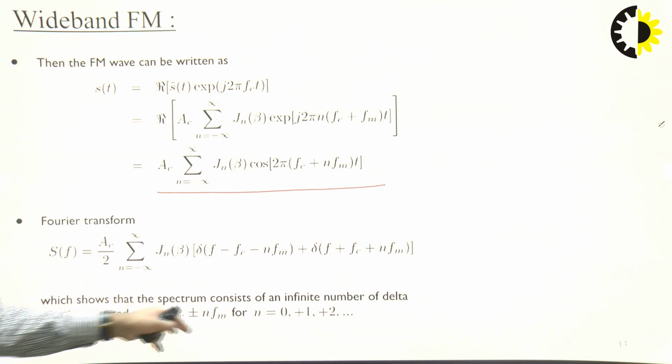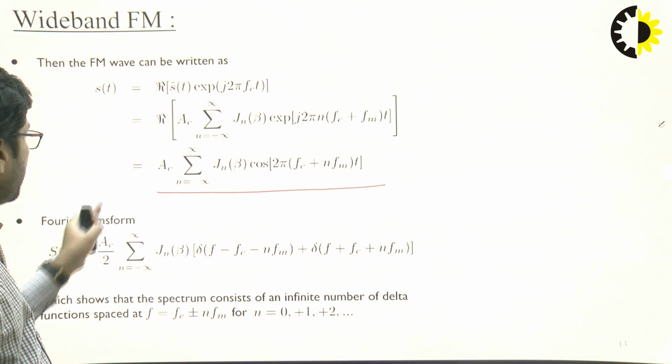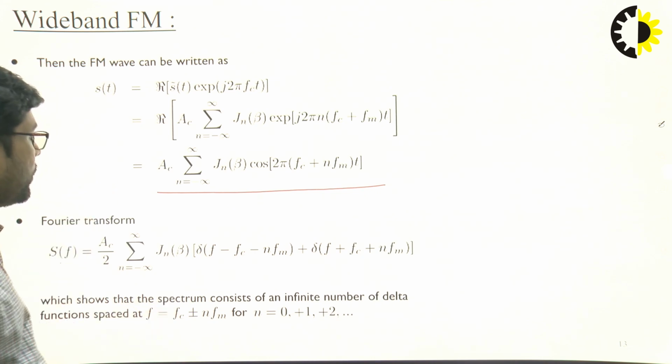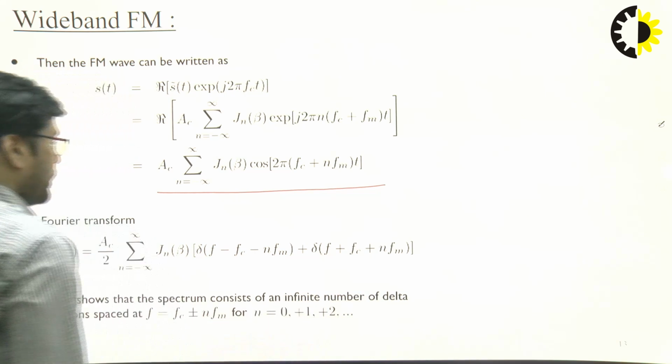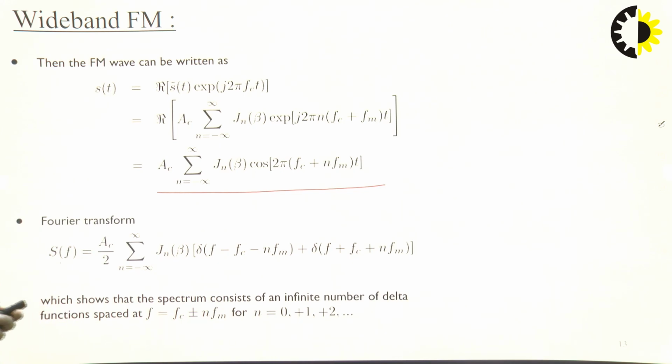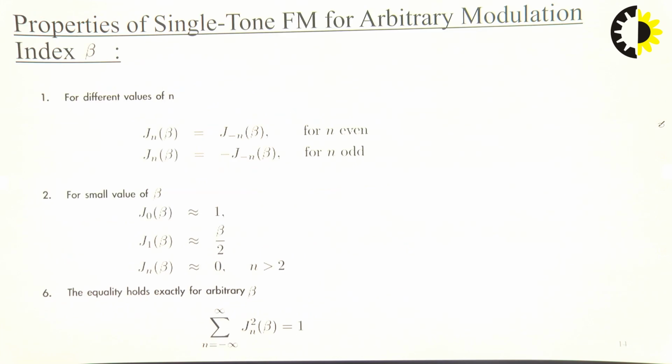If you take the Fourier transform of it, you will get an infinite number of sidebands here. Ideally, we can say the wideband FM has infinite bandwidth, but practically it is not possible to have an infinite bandwidth of the system.